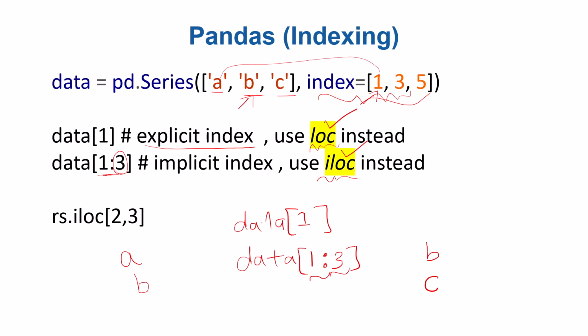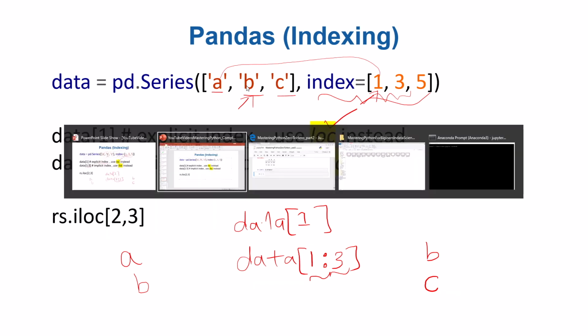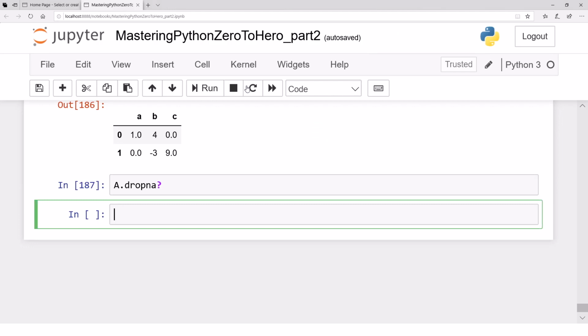So let's practice this and see the confusion. See the detail of this kind of confusions in here, Jupyter Notebook. So let's say we have a series object.